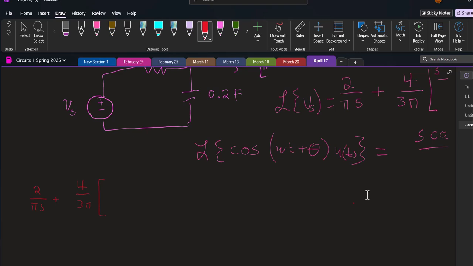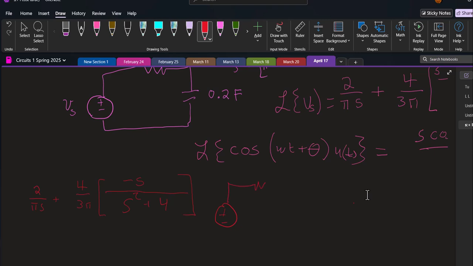Negative 1. So negative s, plus minus 2 sine of pi, which is 0. That's why when I saw that I said, oh, this will work after all, because I was afraid it was going to be yucky. And then over s squared plus 4. When I saw what the Laplace transform was, I said, oh, that's not what I was hoping for. It turns out not to be as unpleasant as I was afraid of. So that's our voltage source.